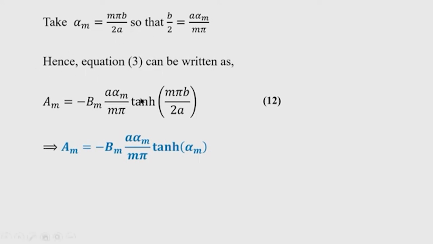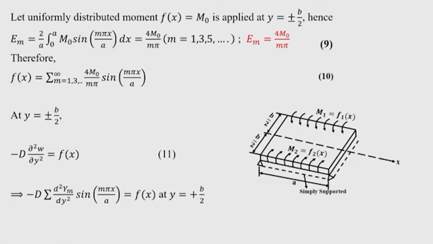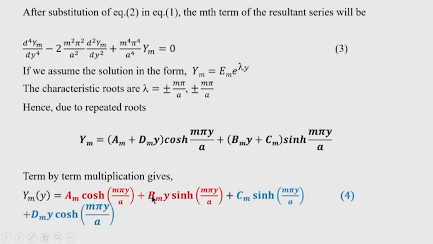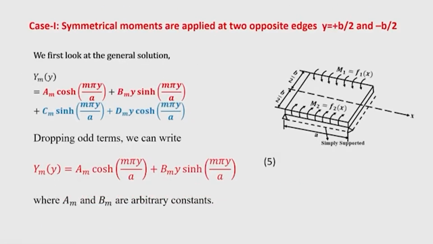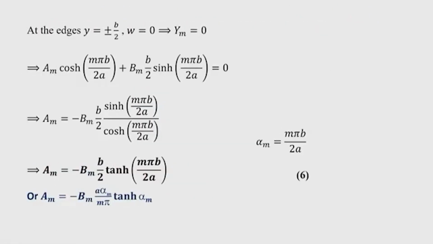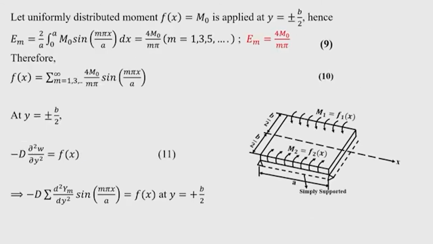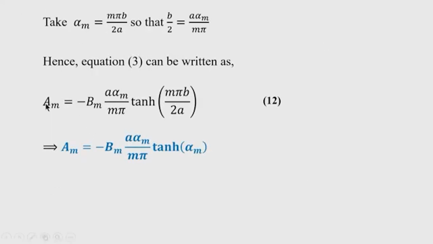So, hence equation 3, the equation that we found by applying the condition of displacement on the boundary, can be written with a m equal to minus b m into a alpha m divided by m pi tan hyperbolic m pi b by 2 a.